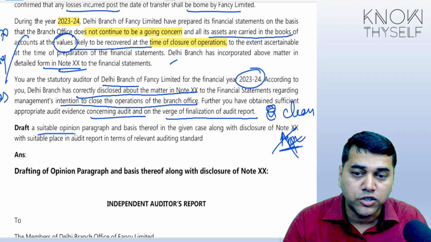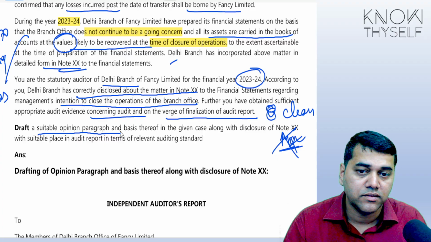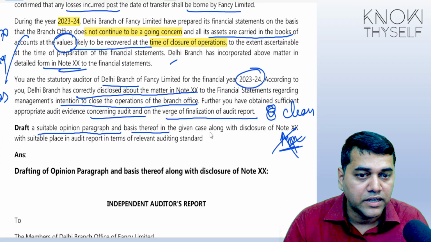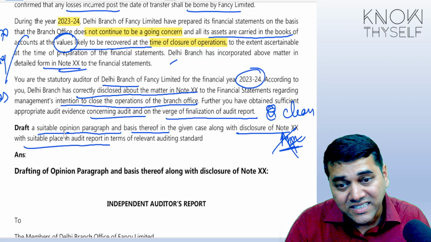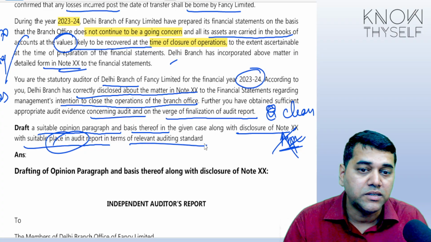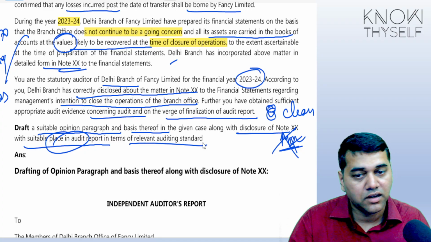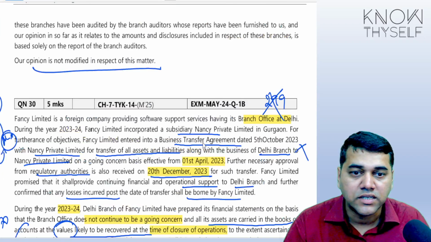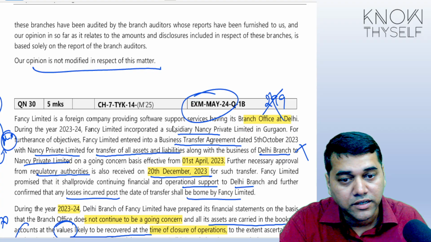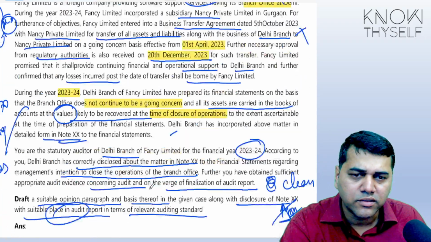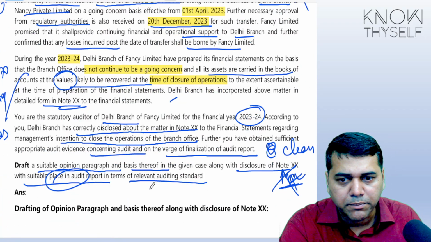Now, draft one suitable opinion paragraph and a basis thereof along with the disclosure of note number 20, with a suitable place in the auditor's report as per the relevant standards. Beautiful question which they asked in the examination of May 24. Now you see students, what to write? You can take your assumptions and draft the para.